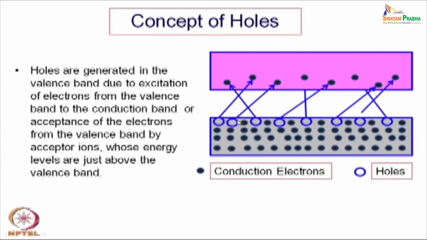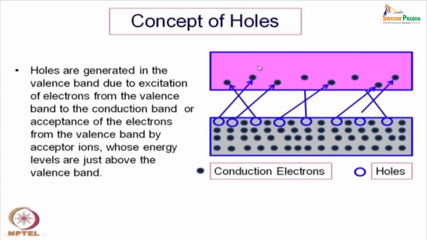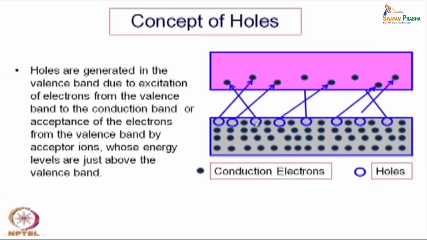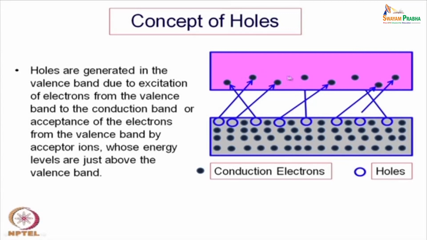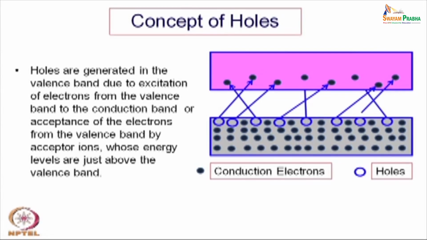In one case the charge carriers will be the same. Whatever number of holes are created here, the same number of electrons will also be created there, and both of them will contribute to the current, to the charge movement.